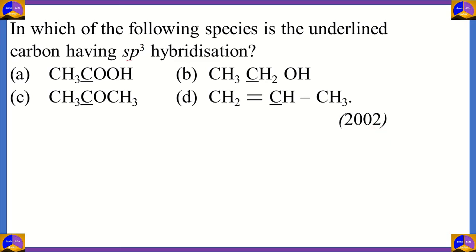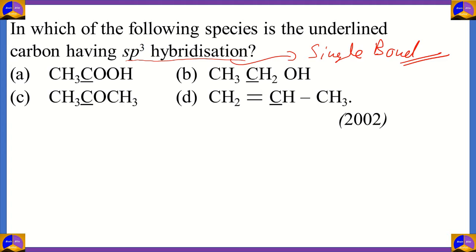First thing we need to know is what sp3 hybridization is. sp3 hybridization is basically having the electrons in one orbital of the s suborbit and 3 orbitals of the p suborbit. This usually occurs when you have a single bond with that carbon. When that carbon has only single bonds with another carbon or another element, then it has sp3 hybridization.